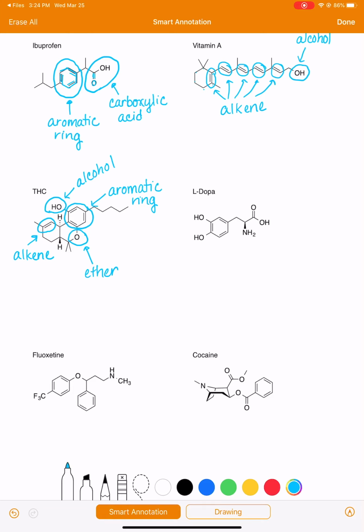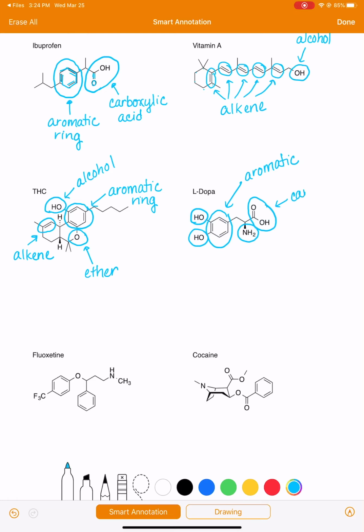Let's look at L-DOPA. Let's start by finding all of our functional groups. We've got oxygen here, a nitrogen down here, and these oxygens right here. Oh, and we have carbon-carbon double bonds. There are a lot of aromatic rings in organic chemistry. This pattern we've already seen once in ibuprofen.